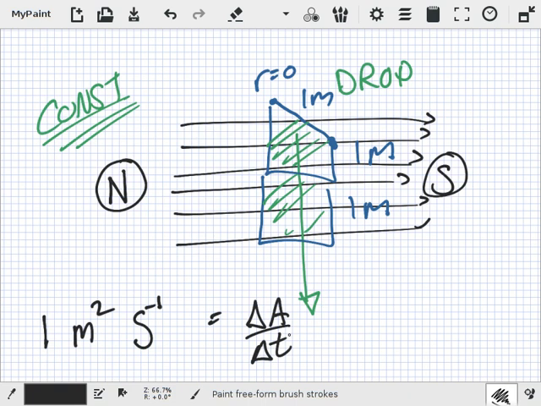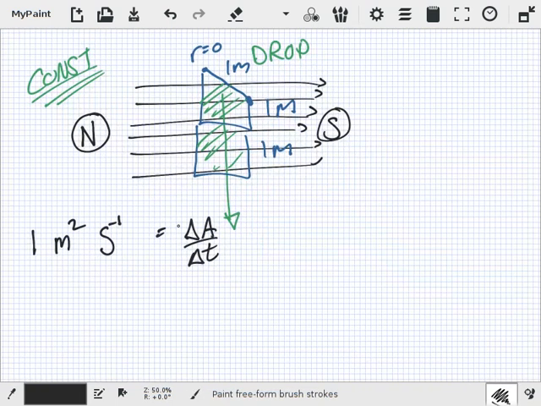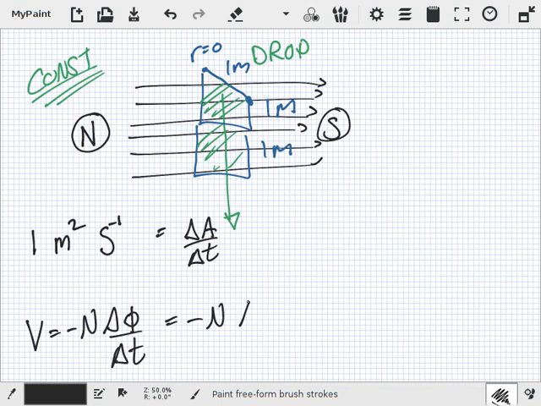Now, if you want, you can draw this because there's actually a useful formula you can make here. For example, voltage equals minus N delta flux over delta T. That equals minus N. What's changing here, the B or the A? A. So that's B delta A over delta T. But what is A?